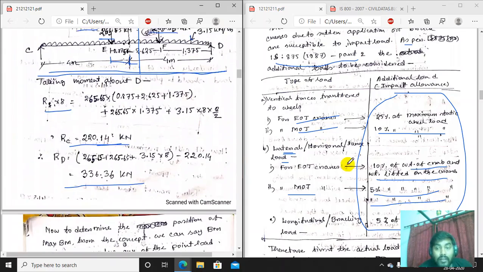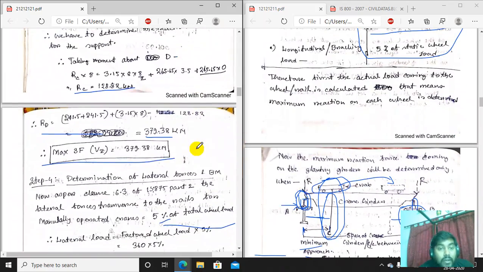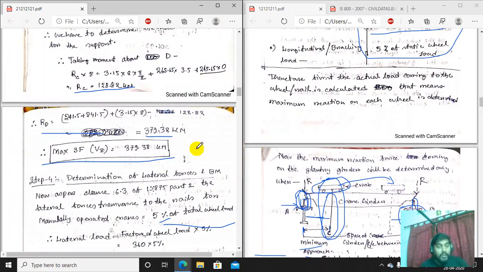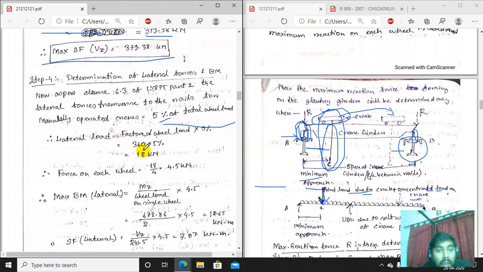So 5% of the total wheel load equals 5% of 360, which is equal to 18 kilonewton, because 360 is the factored load. We have calculated the load as a factored load.